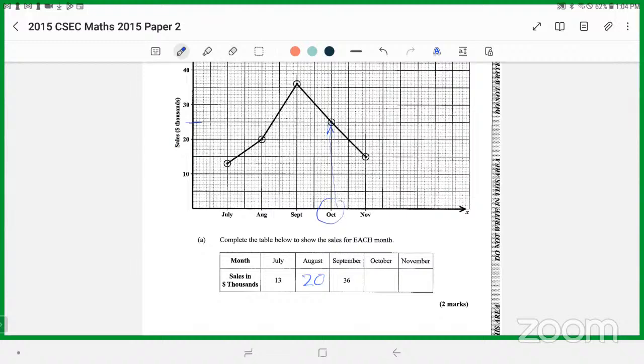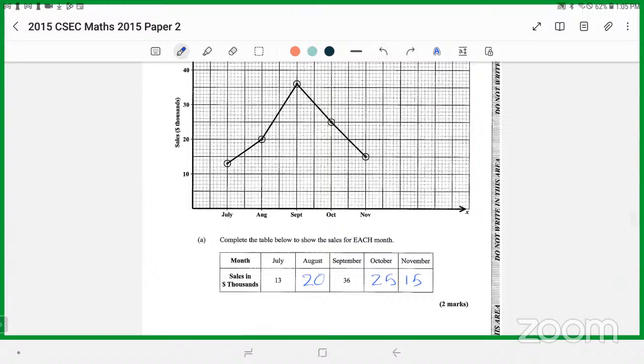This is 25, halfway between the 20 and the 30. And then November, right here, is 15, halfway between the 10 and the 20. So complete the table, and it's in thousands of dollars.